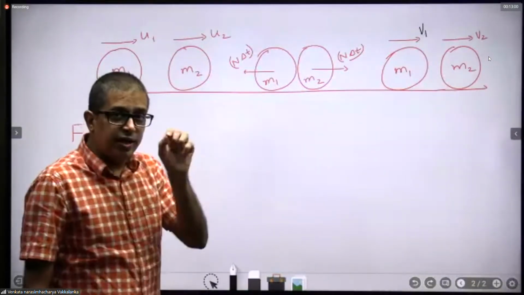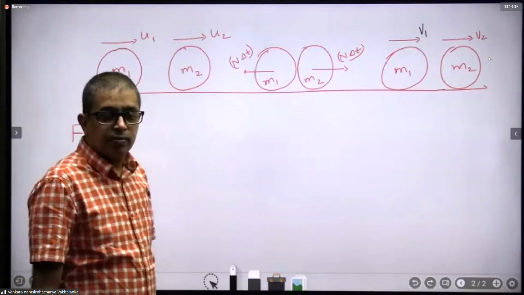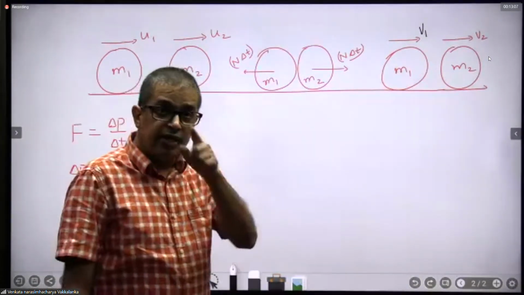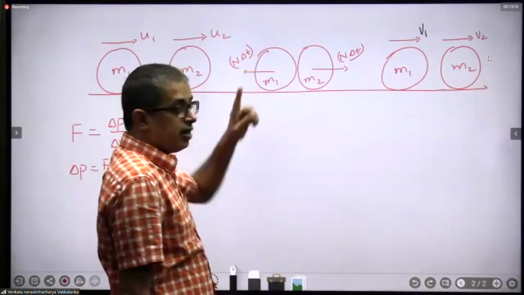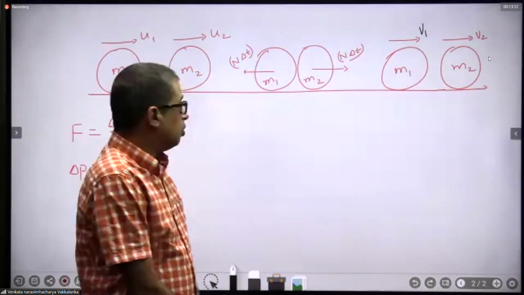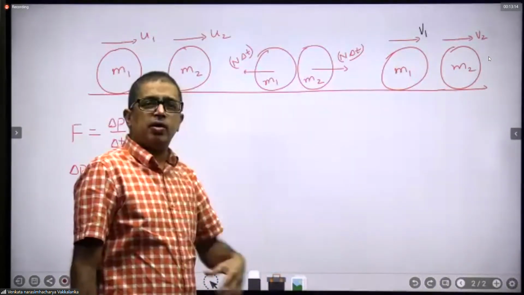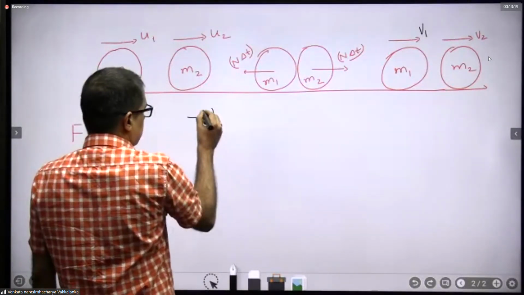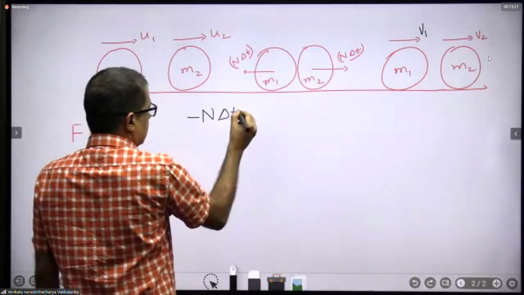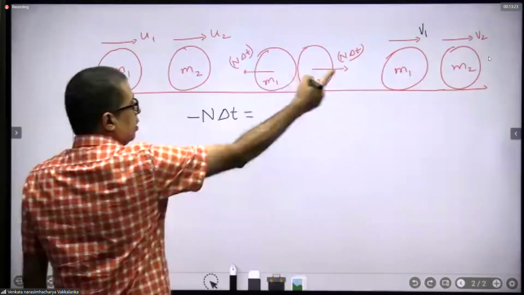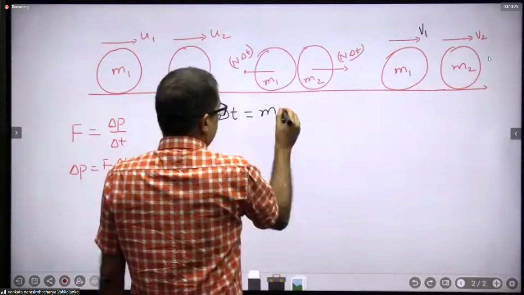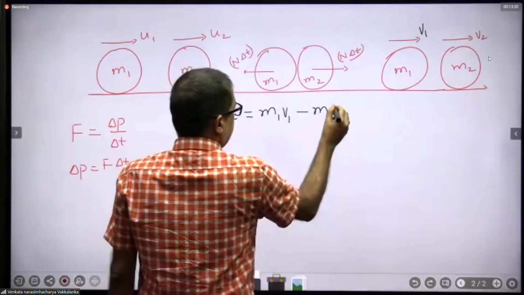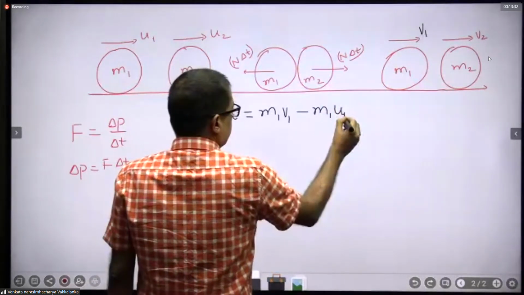If I consider only M1 as a system, there is an external force called N delta t, yes or no? Momentum of M1, I will look at this, minus N delta t is equal to final momentum M1 V1 minus initial momentum M1 U1.